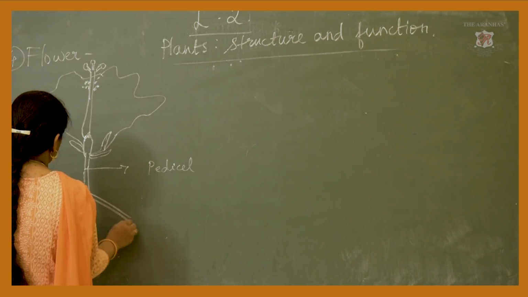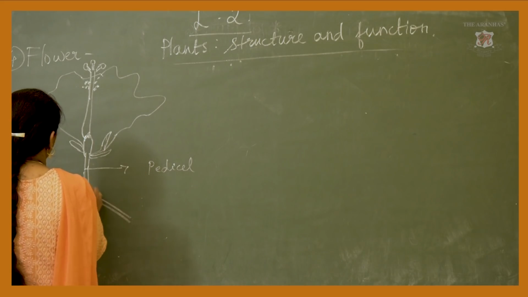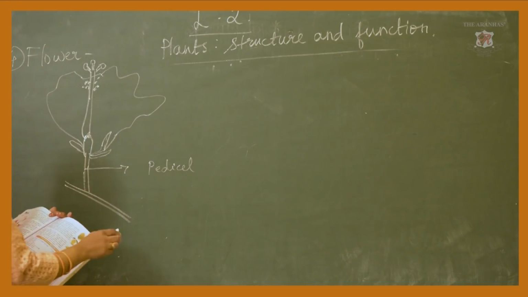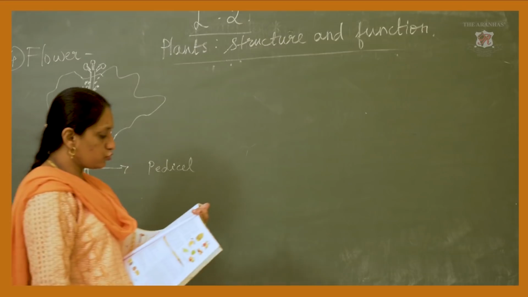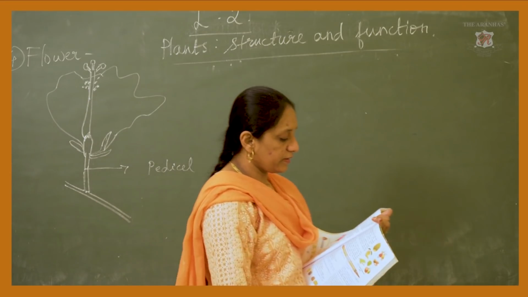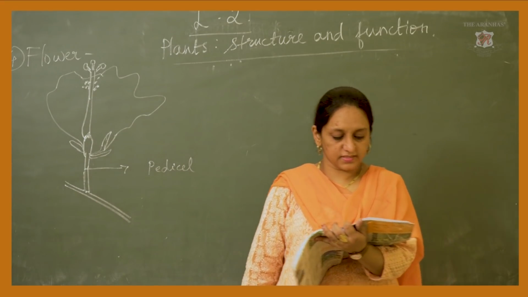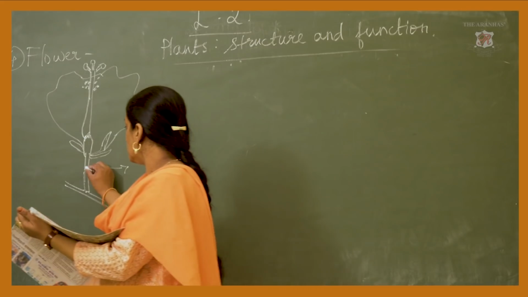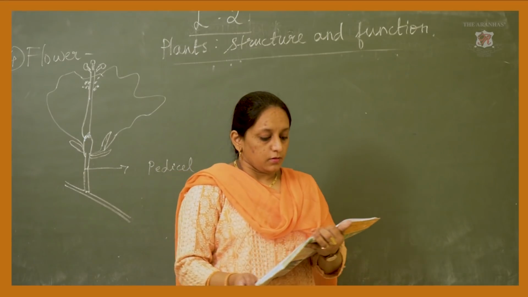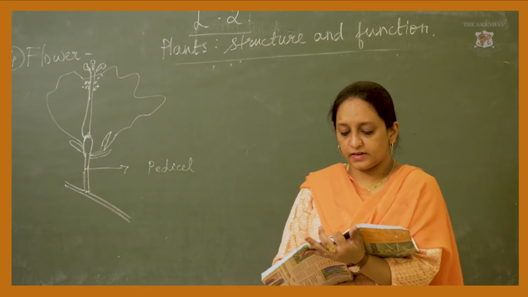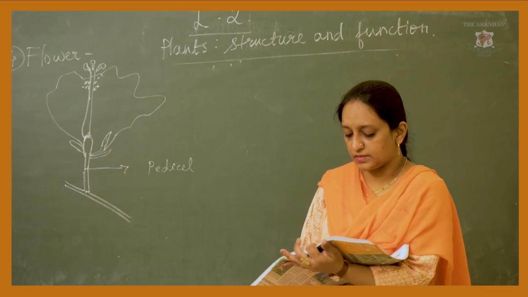This is a stem from where the flower has started growing. So this end is attached to the stem and the other end is swollen and expanded. It is called the receptacle. So from here the flower started growing. Then petals and other parts of the flower are supported on the receptacle.